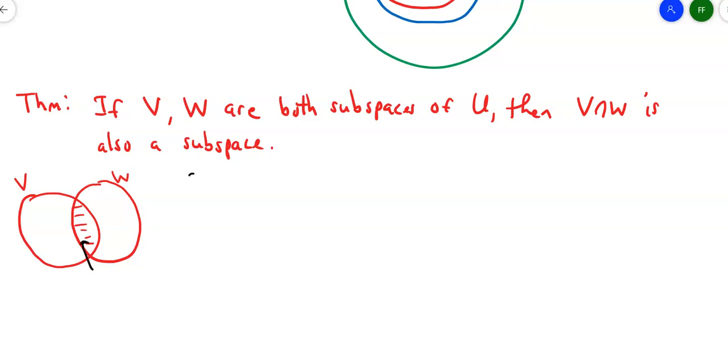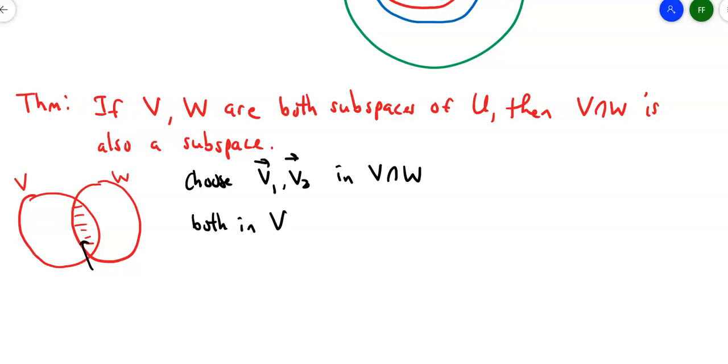So I'm going to choose vector 1, vector 2 in the intersection of V and W. Both of them are in V. So I'm writing out sort of the sketch of this proof. You would write it out nicely with capital letters and periods at end of sentences. So both V1 and V2 are in V.